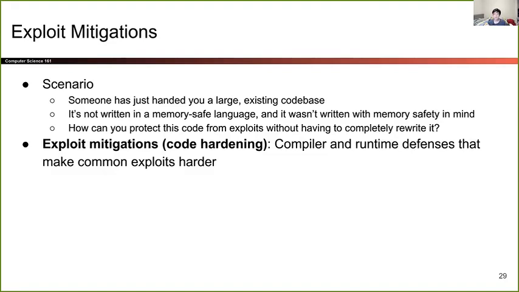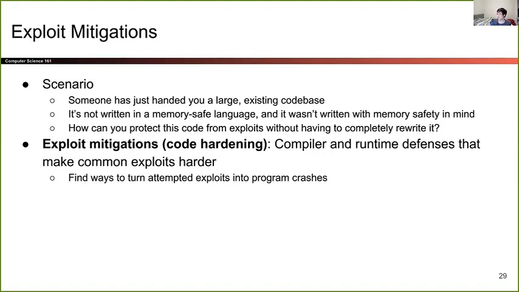These defenses are called exploit mitigations, and we call the process of using them code hardening. They harden code, as in they make it more difficult to exploit, even though it's still vulnerable. They basically all find ways to turn attempted exploits into crashes. Again, we talked about this last time.